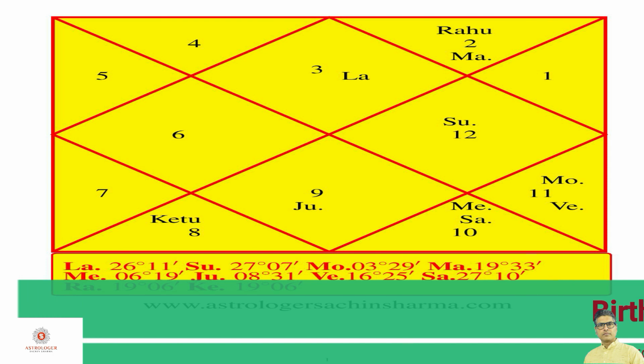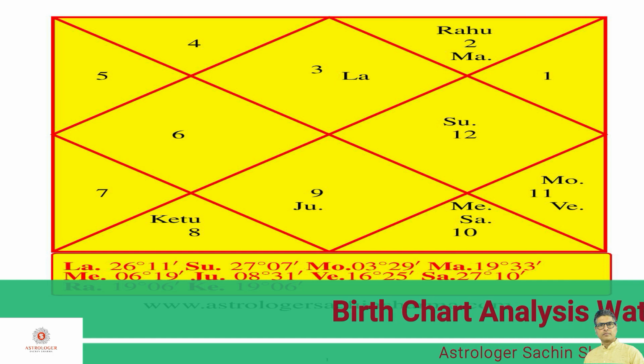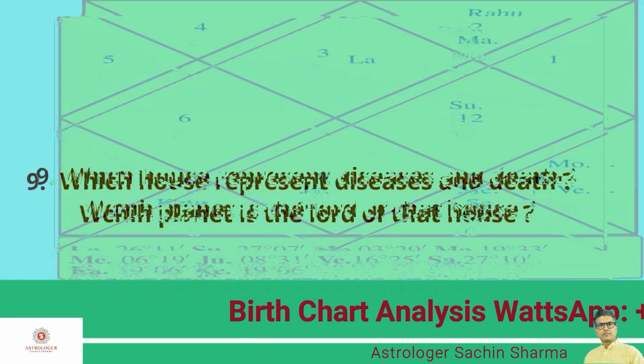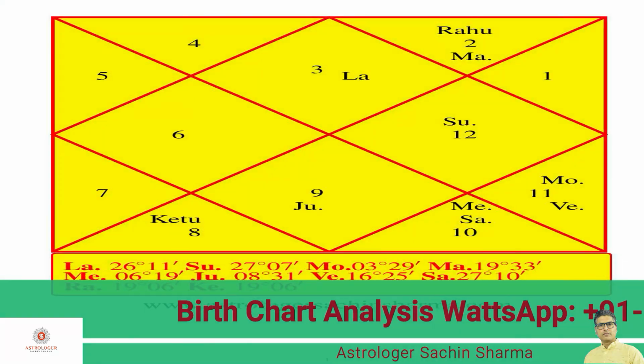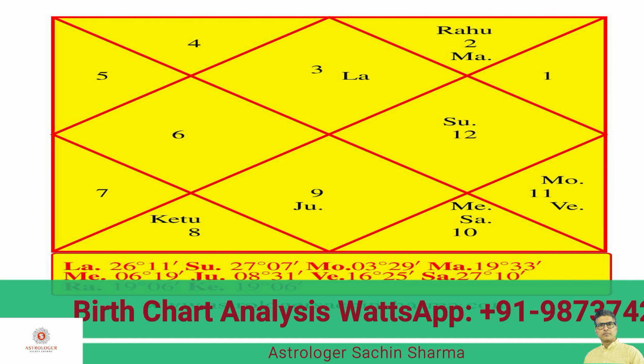Here in the 4th house number 6 is written, and number 6 belongs to Virgo, and Virgo belongs to Mercury, and hence we can say Mercury is the lord of the 4th house here.